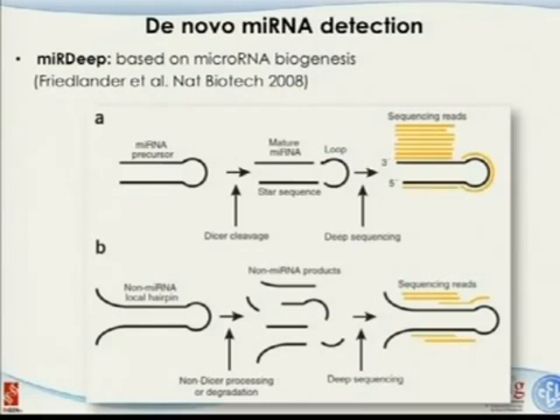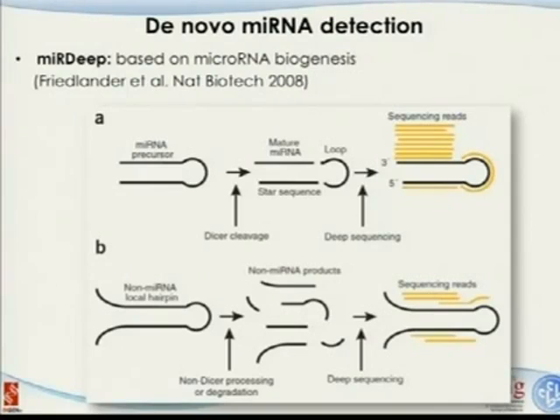And this is the miRDeep approach published in Nature Biotechnology. And they take advantage of the microRNA biogenesis process. So you can see that we know this is a microRNA precursor and forms this hairpin loop. And Dicer comes here and cuts here, okay? Because of this, the pattern that we are looking for looks like this. So this part is the microRNA part, and we'll see some signals surrounding those areas.